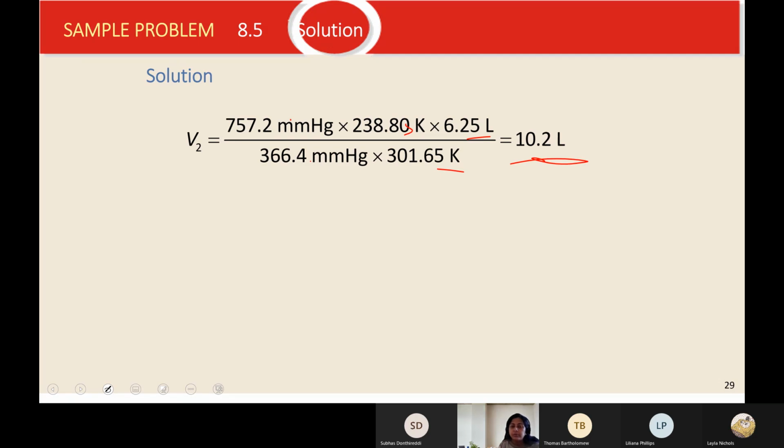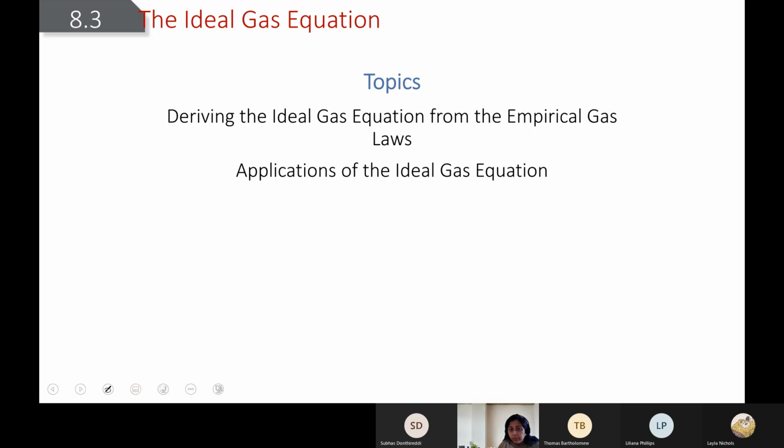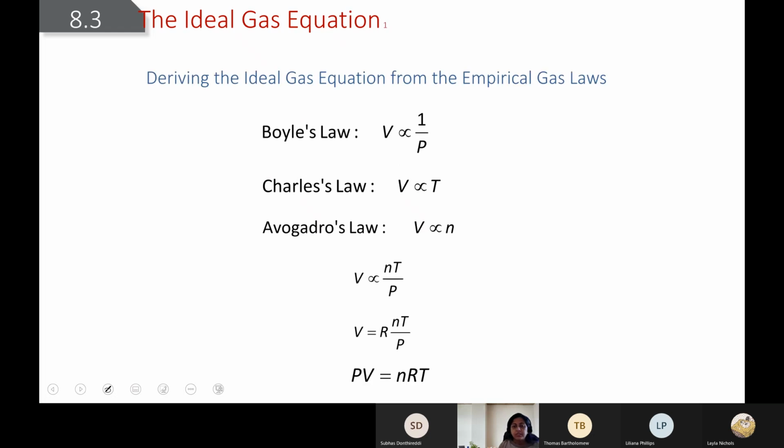Okay, so now I have finished all three gas law equations and the combined gas law equation. I am moving to the ideal gas law equation. We talk about Boyle's law.